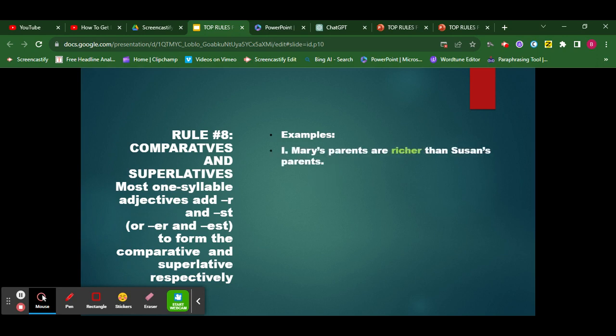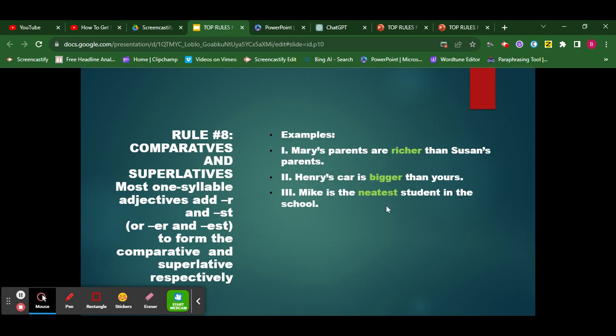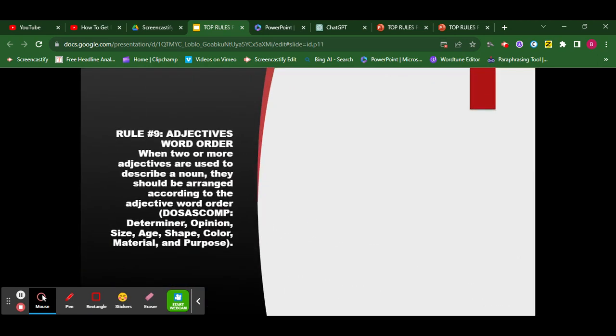Mary's parents are richer than Susan's parents. Richer, you have rich, richer, all right? Henry's car is bigger than yours. Big, bigger, okay? Mike is the neatest student in the school. Neat, neater, neatest, okay? So that is the way it is.